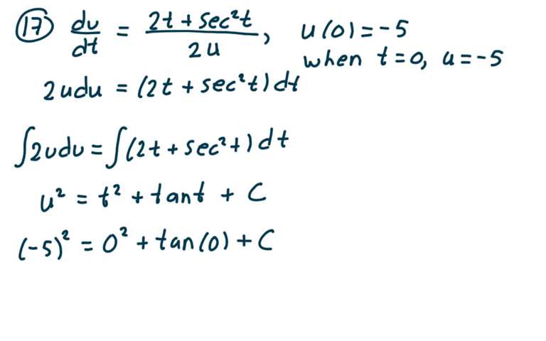But tangent of 0 is 0, so c is equal to 25. So u squared is t squared plus tangent t plus 25.